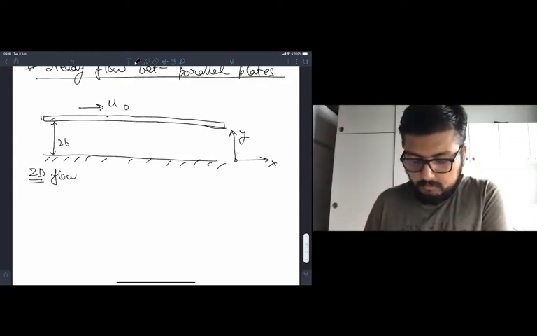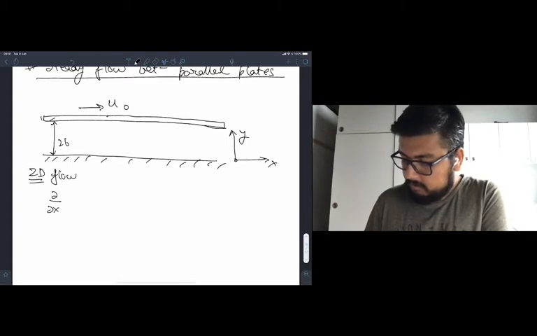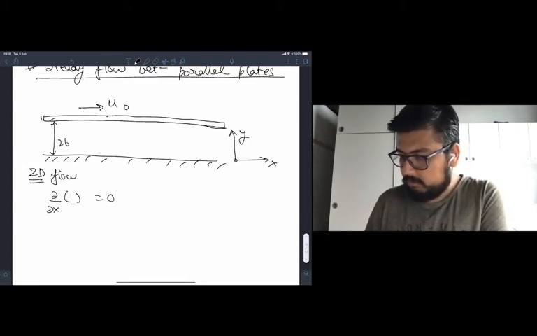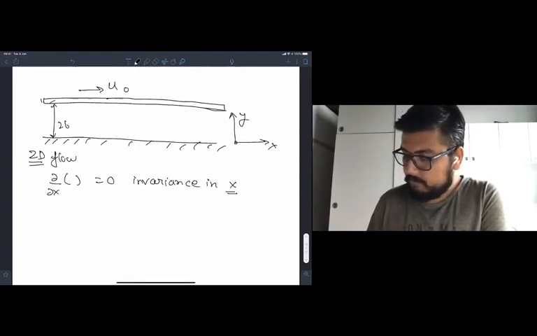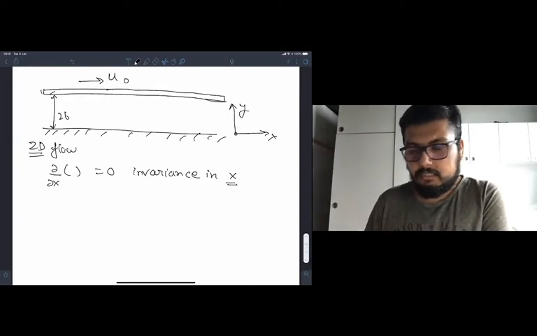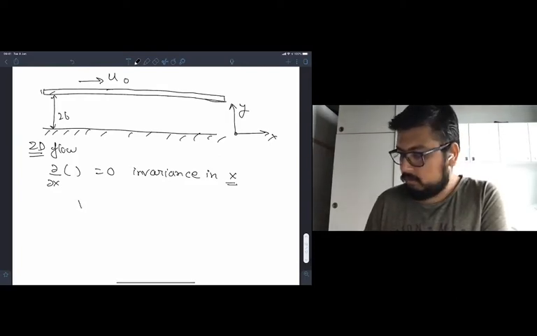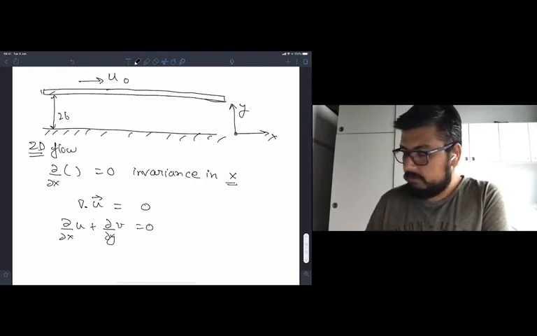And furthermore, we assume that d by dx of any quantity is 0. So let me call this invariance in x. So now with this assumption, if we look at the continuity equation, nabla dot u is 0, which is del by del x of u plus del by del y of v is 0.